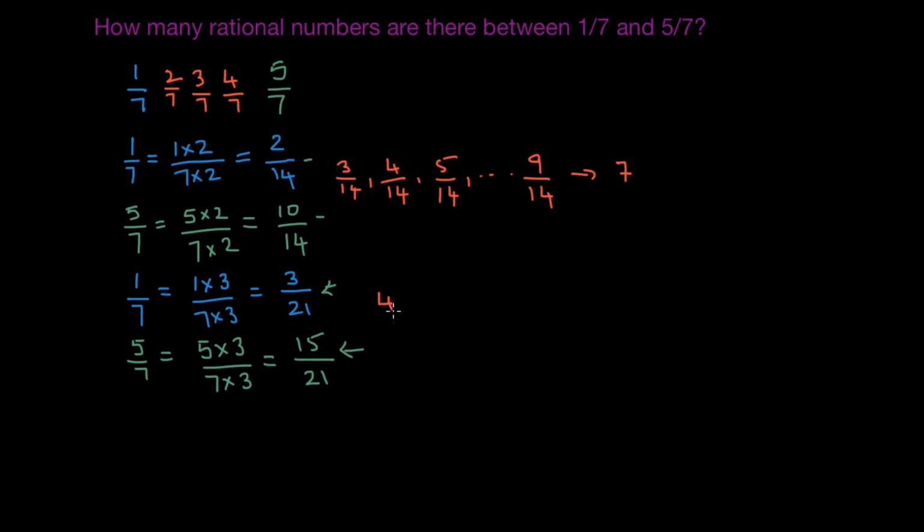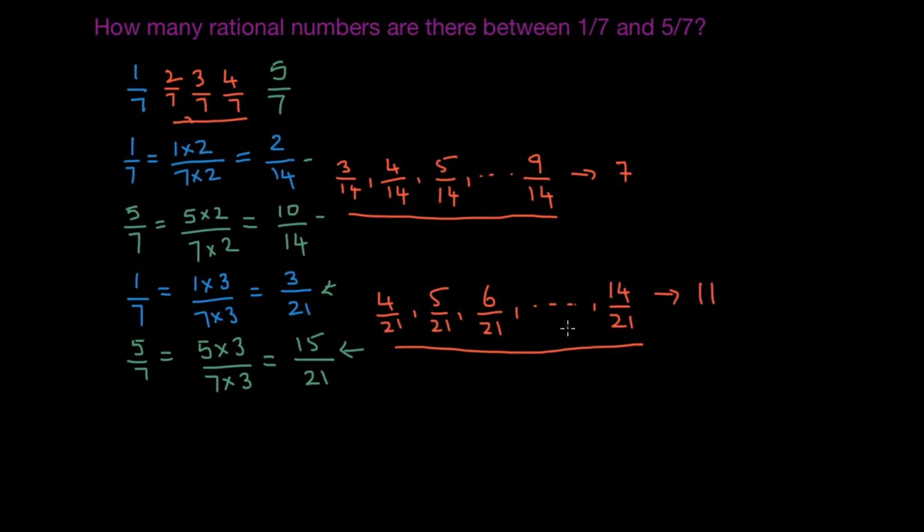There's 4 by 21, 5 by 21, 6 by 21. I can keep going all the way until 14 by 21, right? 14 is 1 less than 15. So if we count this out, that's going to be 11 numbers. Interesting. So first we had 3 right here. Then we found 7, and now 11.